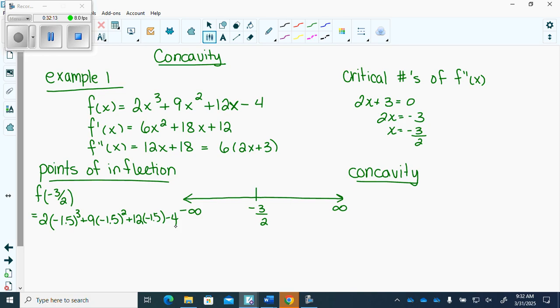Negative 8.5. So that's our point of inflection, correct, on this graph?